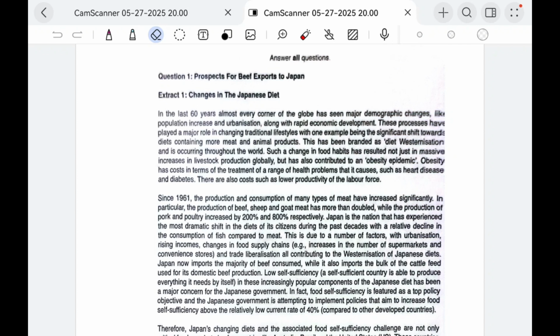This is a case study on beef exports to Japan, as you can see from the question. So usually when students do CSQ, there is a tendency for them to flip open the paper and start to read the extracts and the cases and then look at the question.